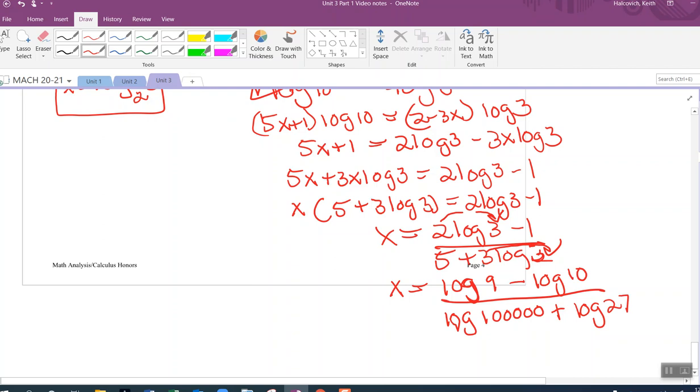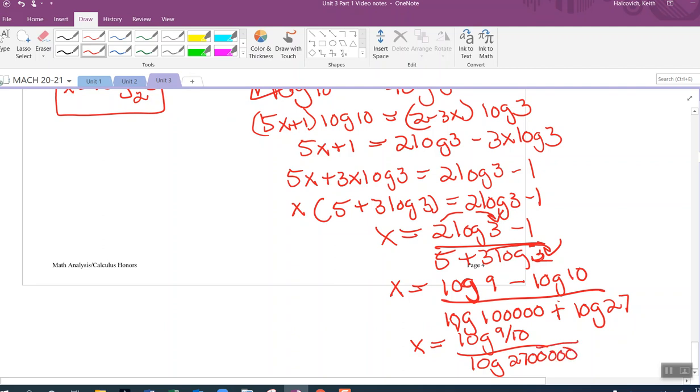And then remember that subtraction means you can divide, so it's log of 9/10 over, and then addition means multiplication, log of 2,700,000.